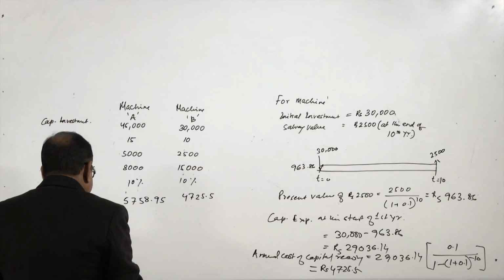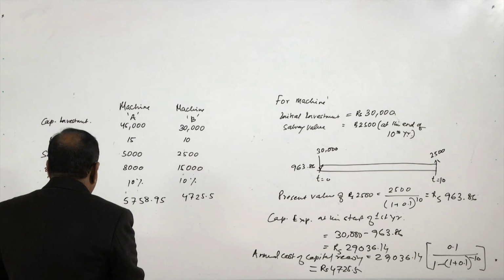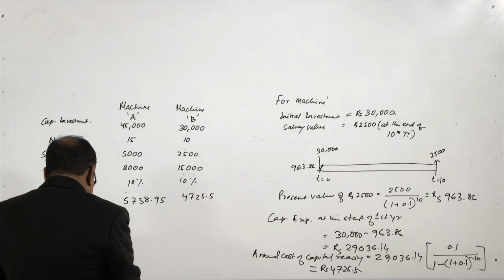Now, to calculate the total annual cost, I have to add the operating cost.